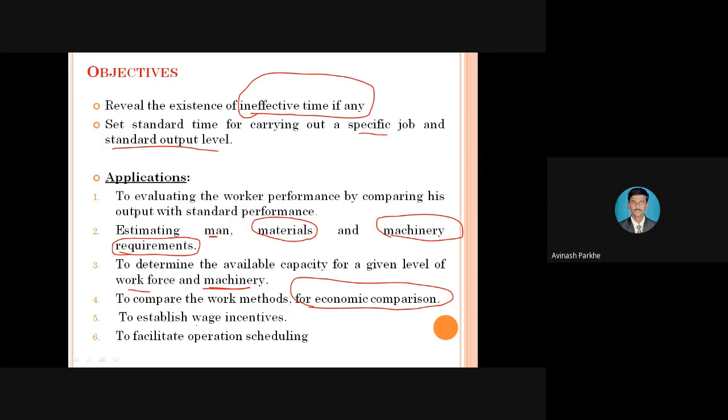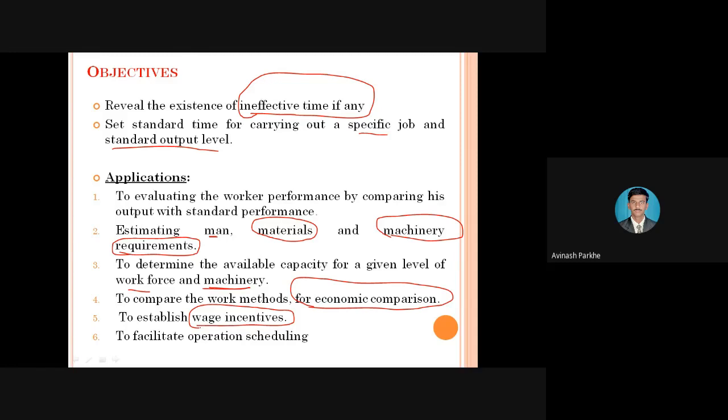Then, establish the wage incentives. One worker is completing his job within time and another worker is not completing it as per the time assigned to him. Once again, take the example of the lathe machine: I have to complete that particular job in 2 hours only, but one worker takes an extra 30 minutes, and the other worker completes his task 15 minutes early.